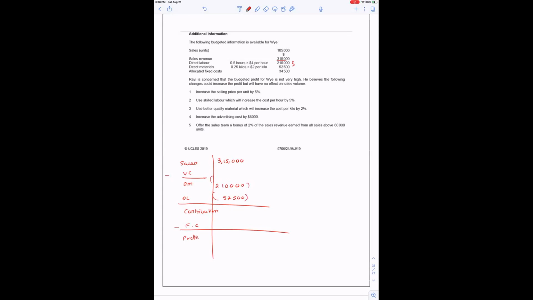When you subtract this from the sales, you get a contribution of 52,500. When you subtract the allocated fixed cost of 34,500, 52,500 minus 34,500 gives a budgeted profit of 18,000. This is a budgeted profit of 18,000 based on 1,05,000 units.